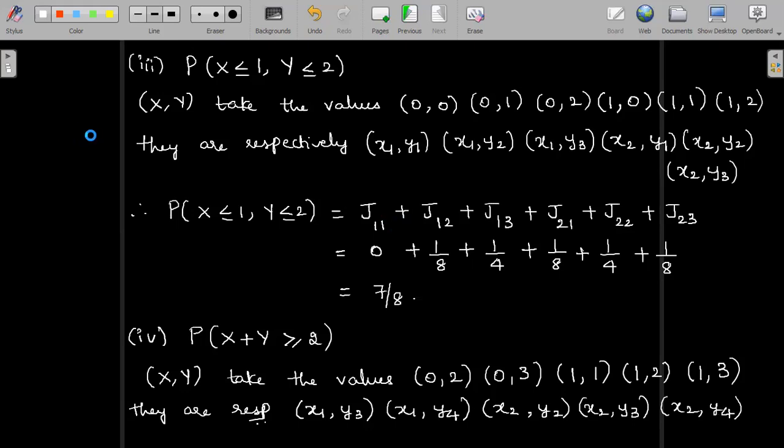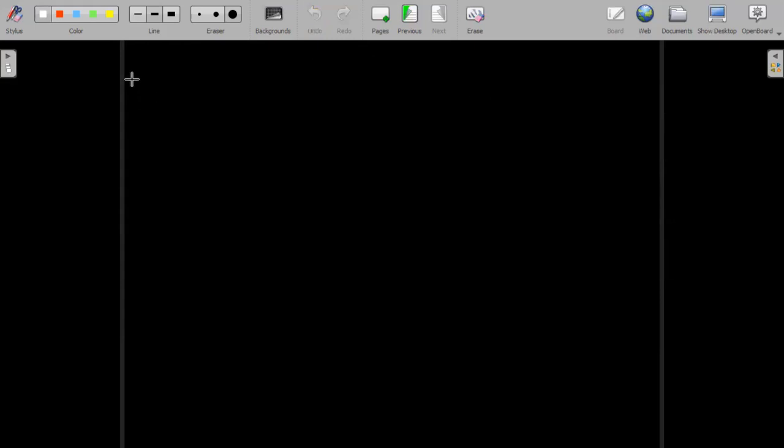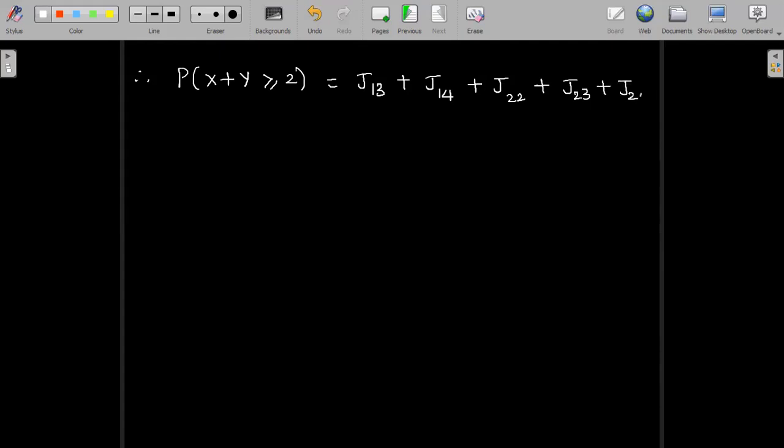So therefore, probability of x plus y greater than or equal to 2 can be written as J13 plus J14 plus J22 plus J23 plus J24. So these are equal to 1 by 4, 1 by 8, 1 by 4, 1 by 8 and 0. Hope you understood.